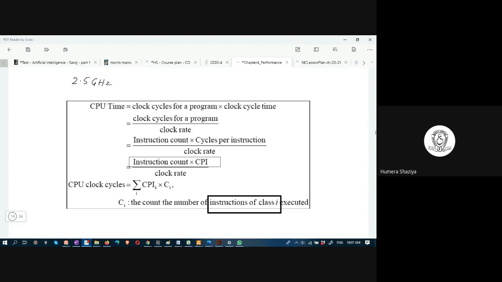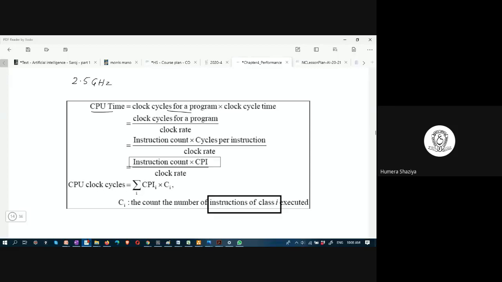Now, essentially, we are looking at the CPU time with respect to a program. So, clock cycles for a program, for a particular program, how many clock cycles are required? In order to determine the CPU time, this all into clock cycle time.